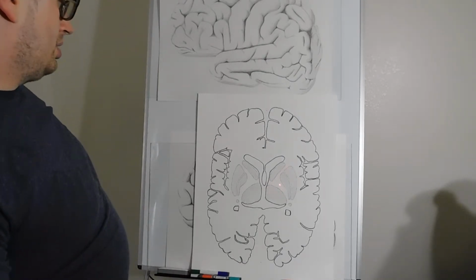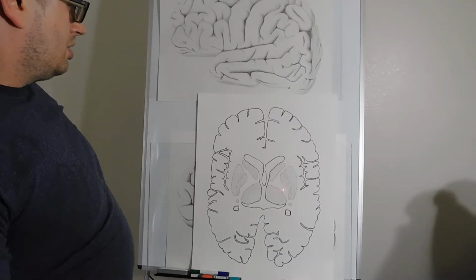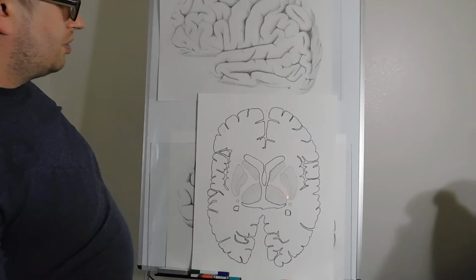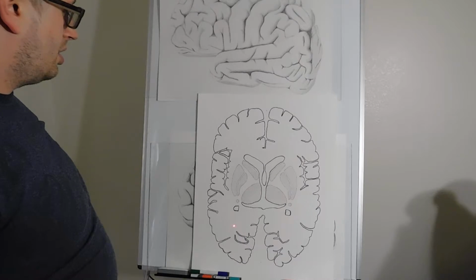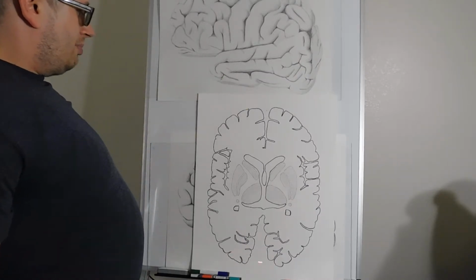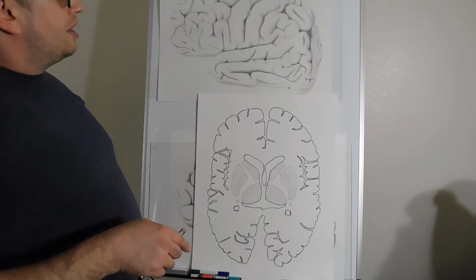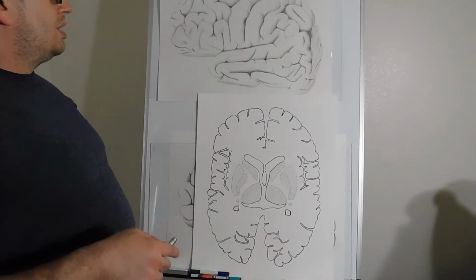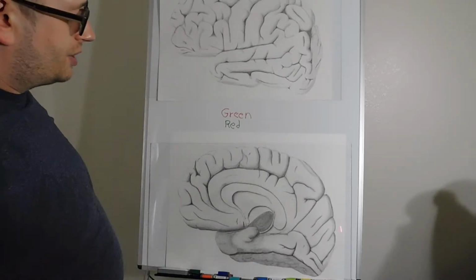The internal capsule, I guess, could be any of these here. It goes back as optic radiations to the occipital lobe on either side. And so you have the macula back here, which you can't really see much of here because there isn't much of the occipital lobe on the outside. Most of it's in the medial portion, like here, for example.